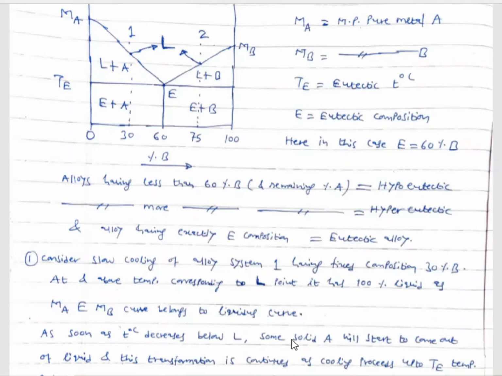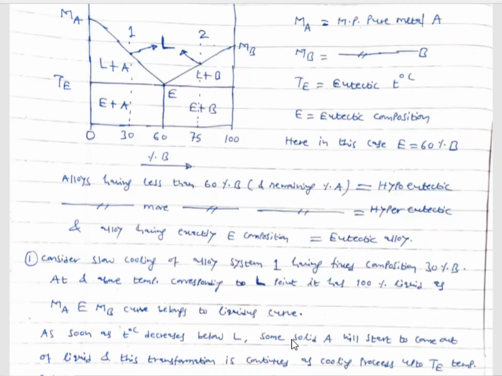So consider the alloy system 1 having 30% B, remaining 70% will be A. Remember, this alloy system which we are going to discuss has two metals completely soluble in each other in liquid state, but they are completely insoluble in solid state.